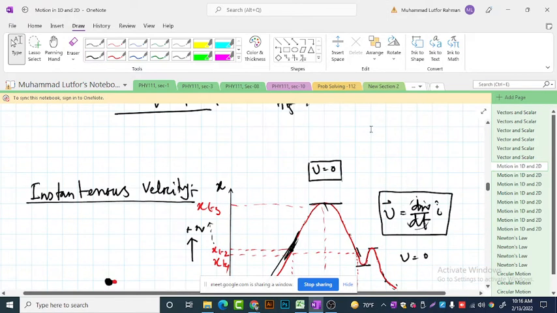Say you are driving your car in that direction, and suddenly you want to change the direction. You want to make a turn over here. This is the point where your instantaneous velocity will be 0, at the turning point.